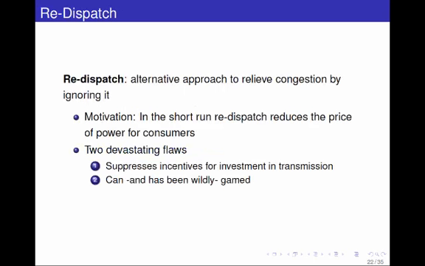In particular, what redispatch proposed was that let's run a uniform price auction ignoring transmission, and everyone gets a single price, so that way we don't have different prices for different areas. What happens in a uniform price auction, of course, as far as congestion is concerned? There is none. Everyone gets the same price, and supply equals demand.